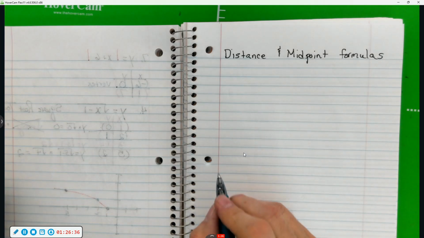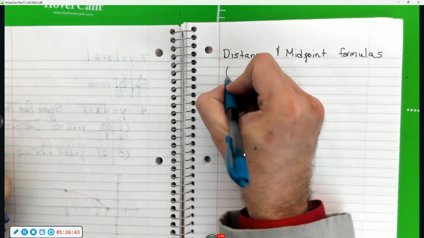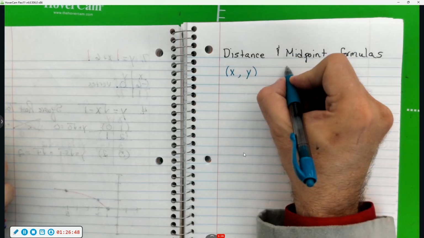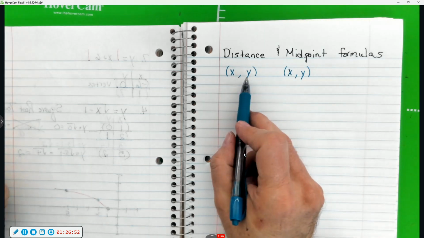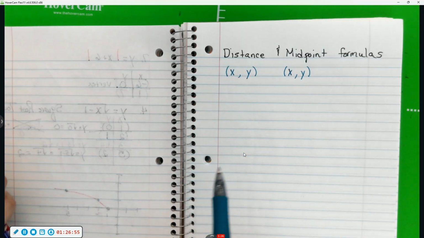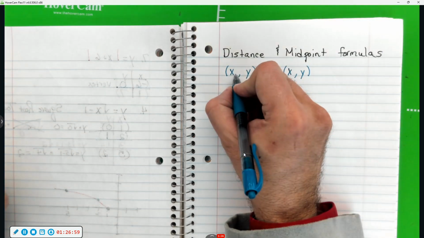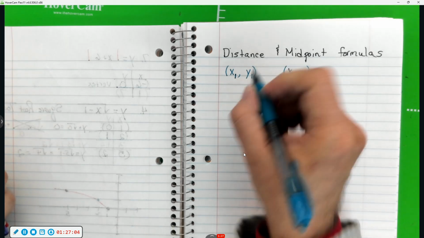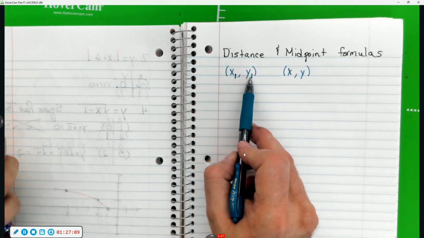I need to write 2 ordered pairs using variables. Each ordered pair is XY. Ordered pairs are always XY. But if I just use XY, how do I distinguish the first ordered pair from the second one? To do that, I'm going to put subscripts. These are not exponents. X subscript 1 and Y subscript 1.